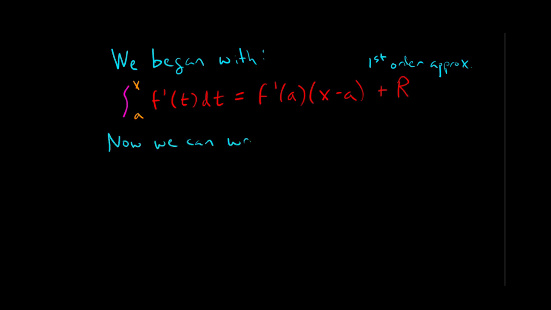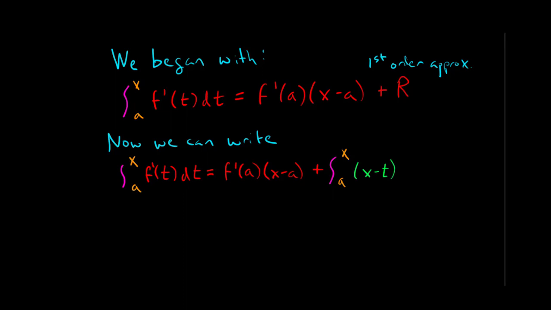Now we can write, because we found an integral expression for r, the integral from x to a of f prime of t dt equals f prime of a times x minus a plus the integral from x to a of x minus t times f double prime of t dt.